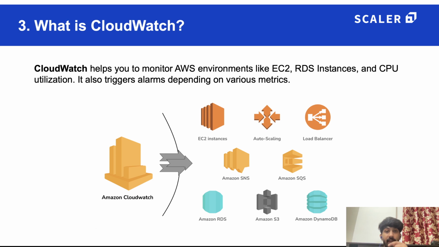CloudWatch is monitoring, and it will get that data. Once it sees that it has crossed 90%, it will automatically send a request to EC2, and EC2 will launch another server, right? So this is how it works. So that's a basic example of what an alarm is.